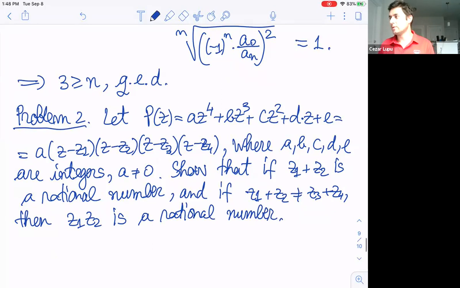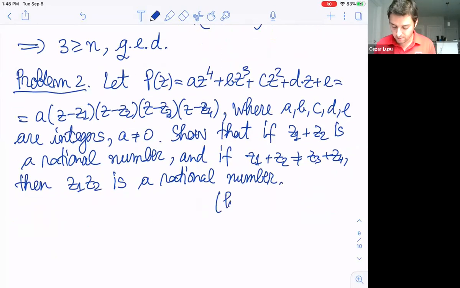Right? So this was a Putnam B4, in 2003, I believe.